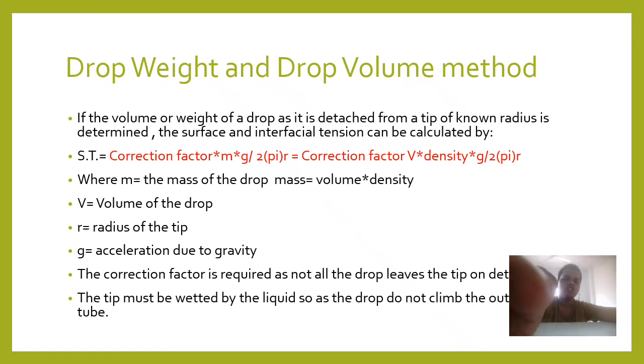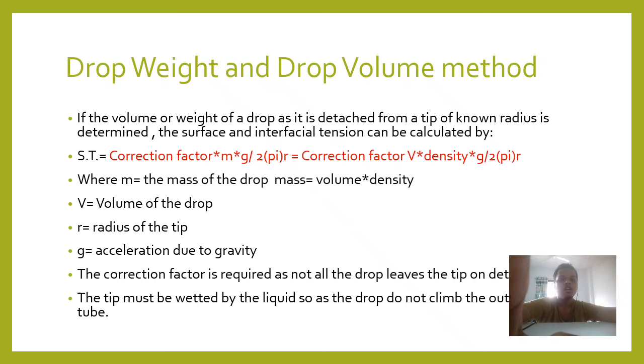It is not mandatory that every time we need to keep the correction factor. This correction factor is only for accuracy purposes. So correction factor into mass into g, the acceleration due to gravity, divided by 2 pi r.